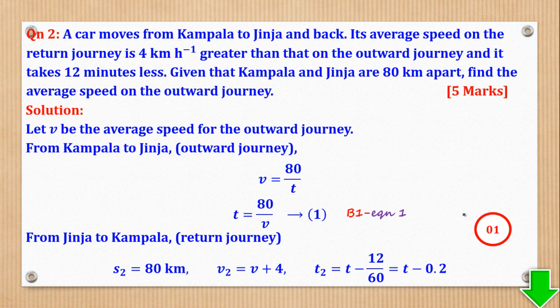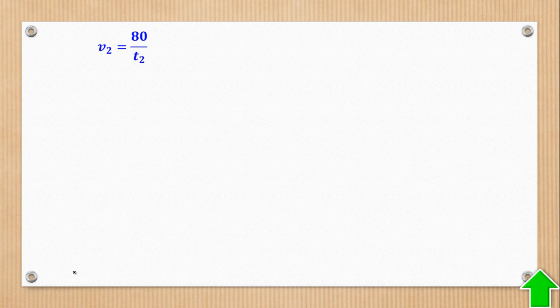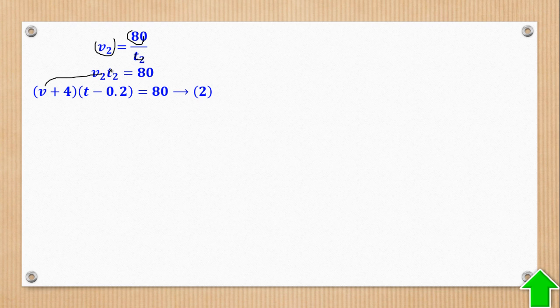So equation 1 had 1 mark. Then the other 4 marks came from this slide. The average velocity for the return journey is equal to total distance over total time. Then you substitute: average velocity for the return journey, total distance, total time.